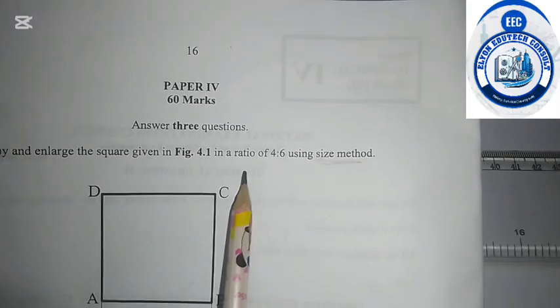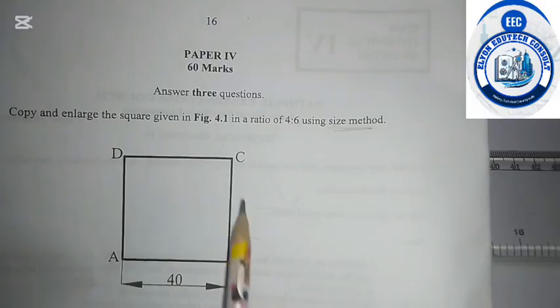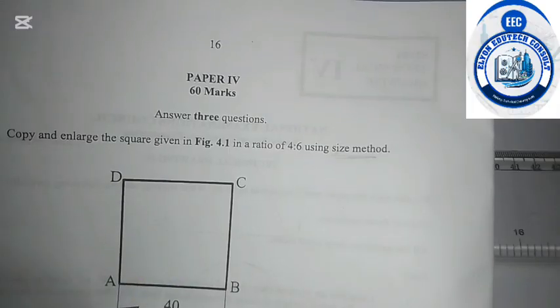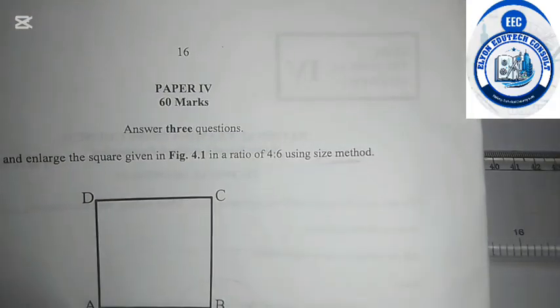You look for the scale factor, then multiply by the size of the square, then you get the enlarged size, which we are going to use to construct the enlarged square. I'm going to do the size method, and by the side I will also use the radial line method, and we'll compare the two outcomes.